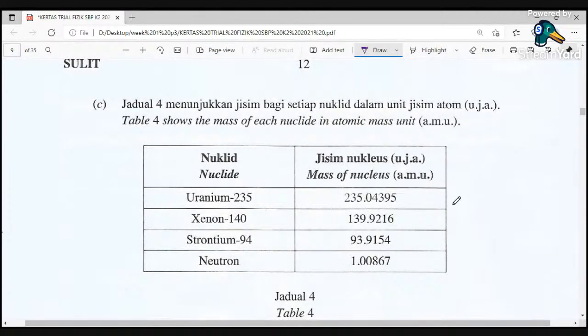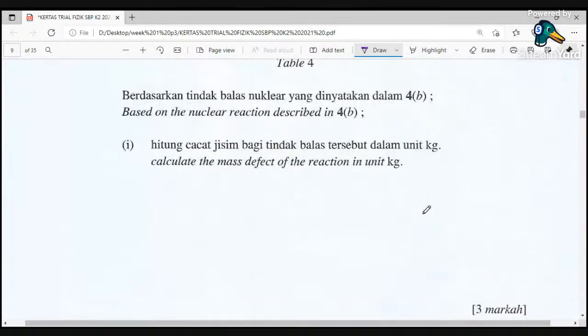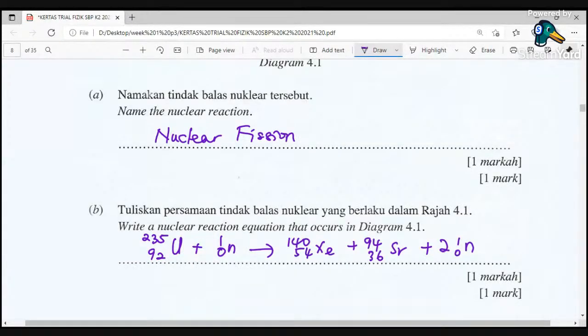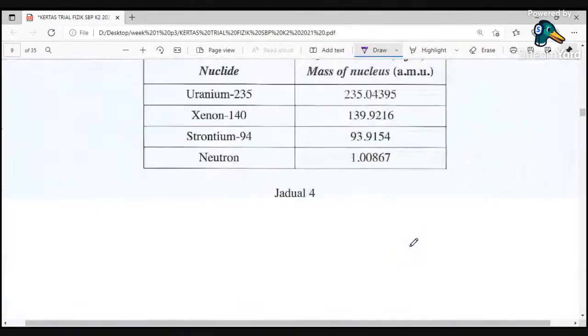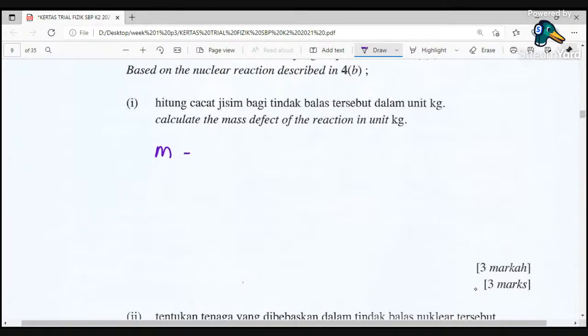The table shows the mass of each nucleus in atomic mass units, and you calculate the mass defect in the reaction in kilograms. So before and after. This is before, this is after. The mass defect is the mass before minus the mass after.